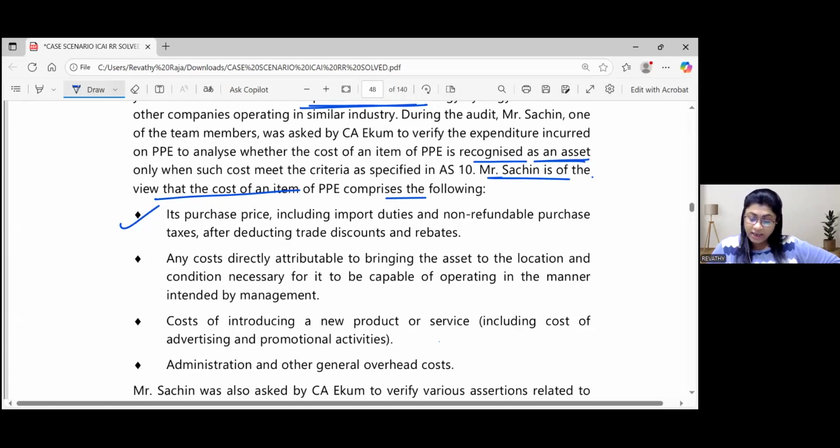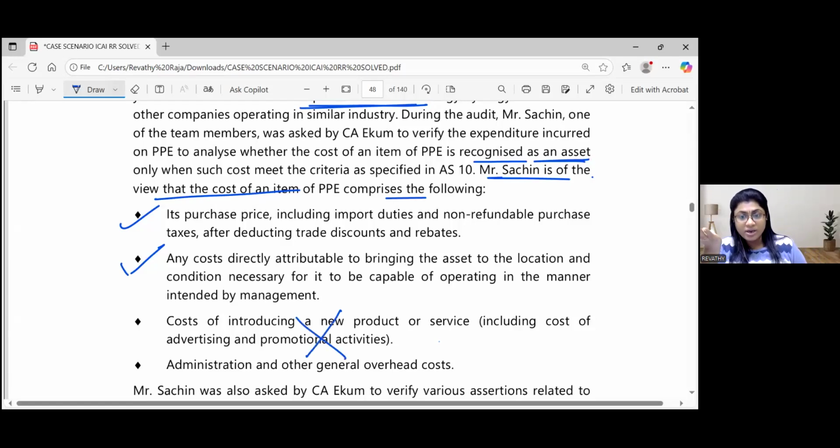Any cost directly attributable to bringing it into operating condition, will this be included? Yes. Cost of introducing a new product, including advertising and promotional activities, will it be included? Answer is no.